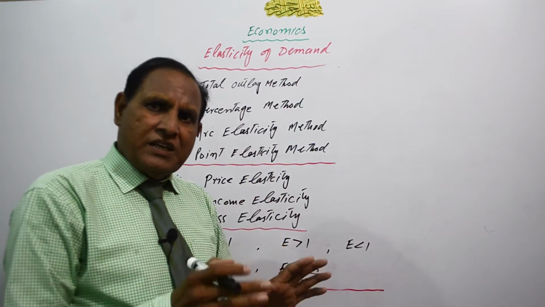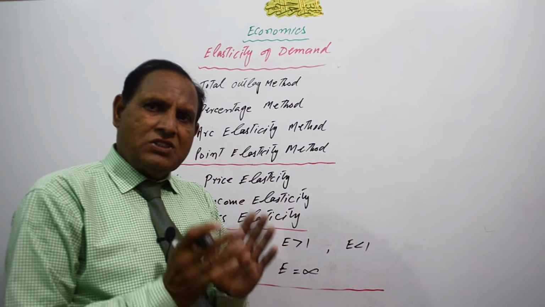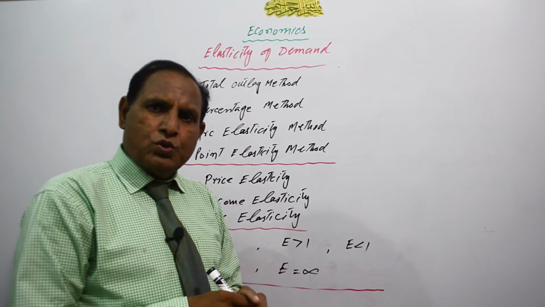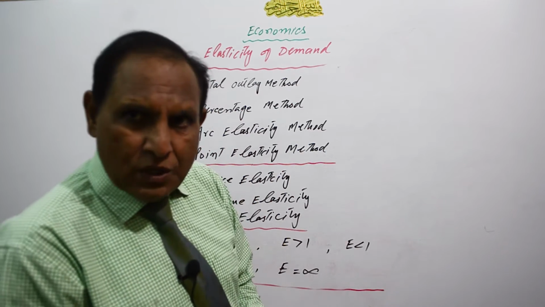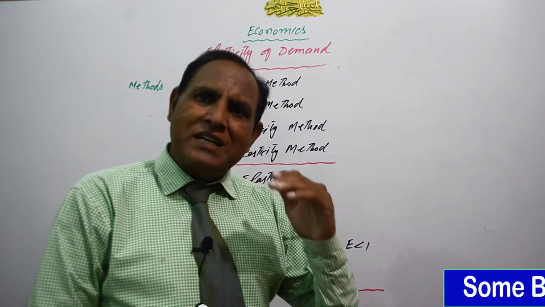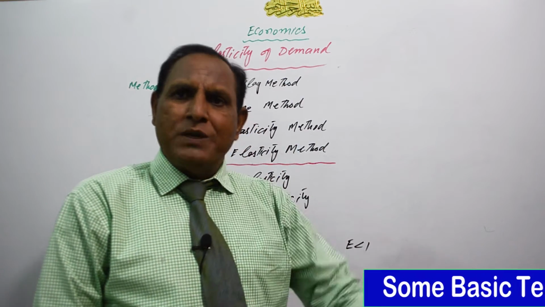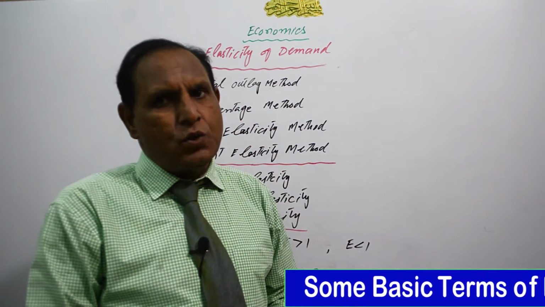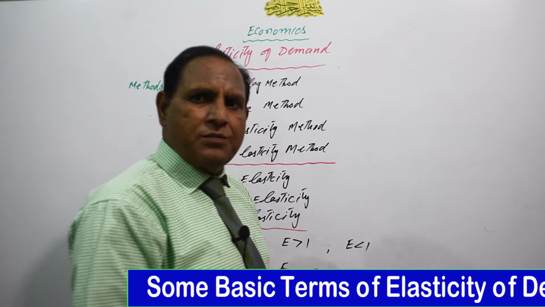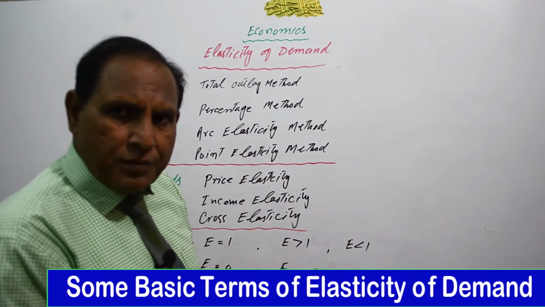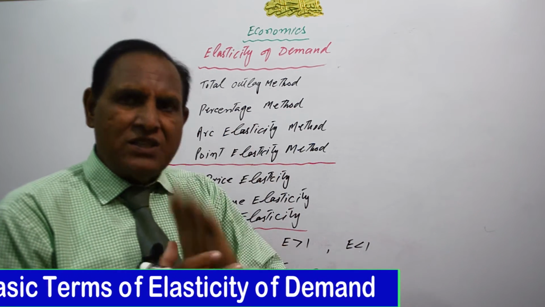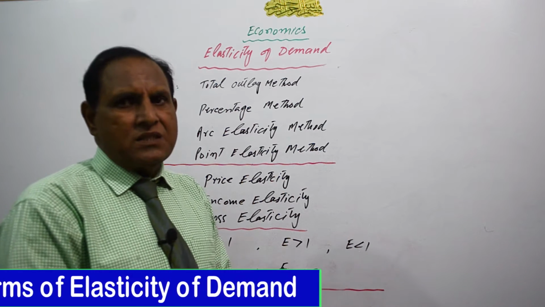When there is a change in demand for goods due to a change in price, we have to measure the ratio, the tempo, the speed of the change in demand due to the change in price. This is known as elasticity of demand, and we use four different methods to measure it.